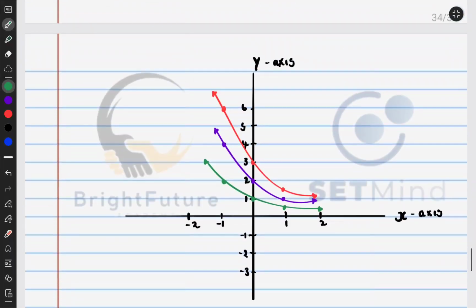As you can see, the red function is the furthest away from the x-axis. It is more stretched away from the x-axis, hence why we call changing the value of a vertically stretching the function, or a vertical stretch.